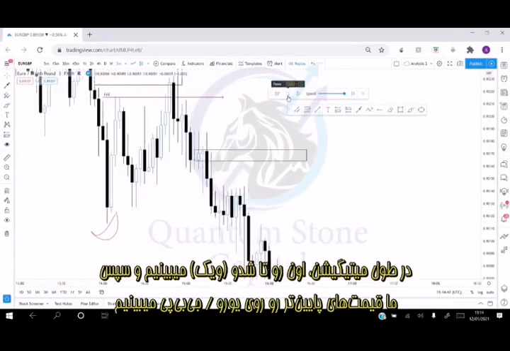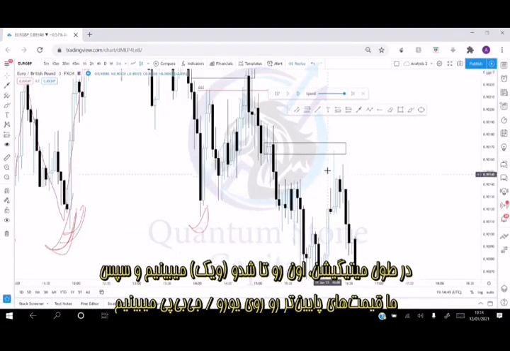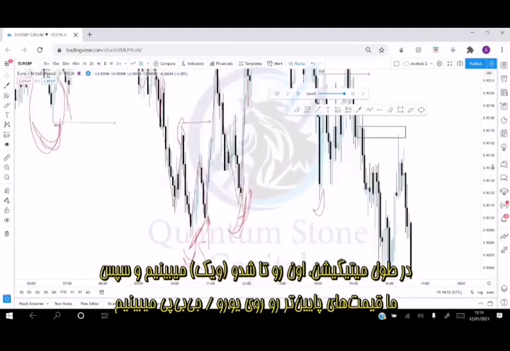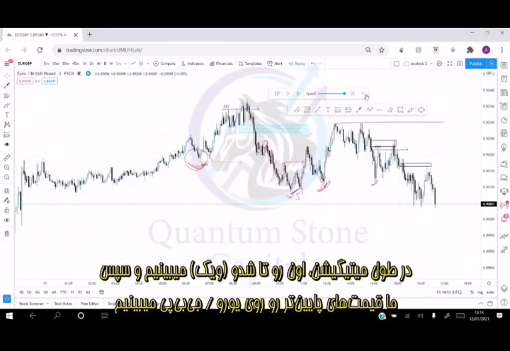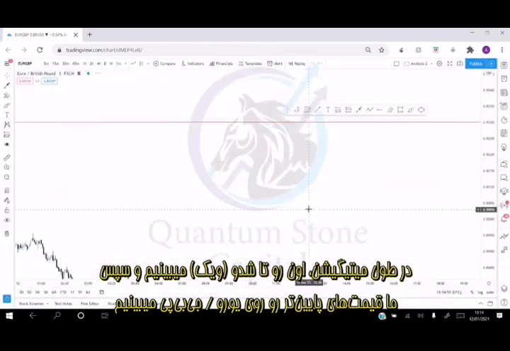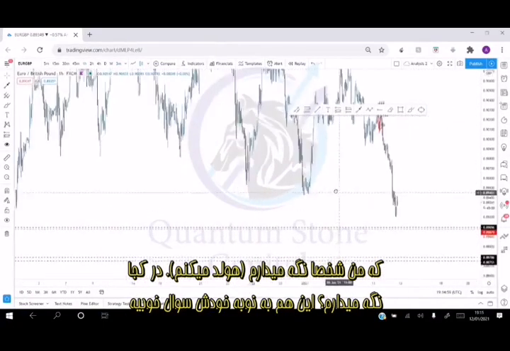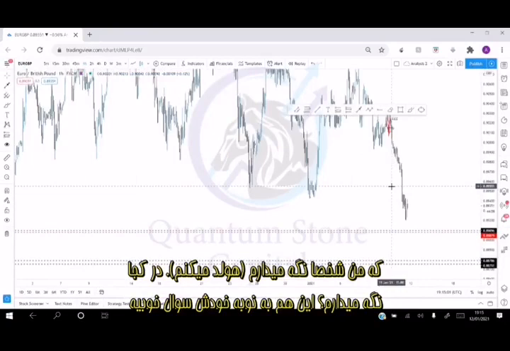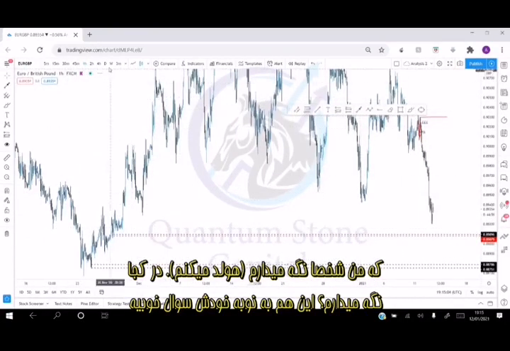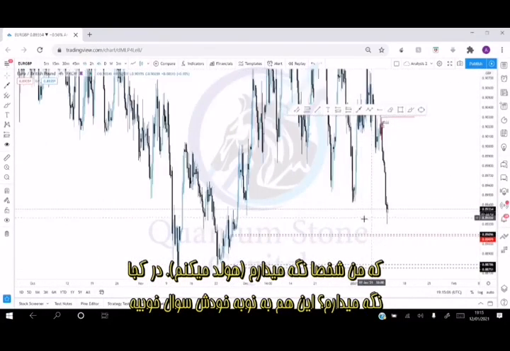Upon a mitigation, we see it to the wick, and ever since then we've seen lower prices on Euro GBP, which I'm personally still holding. Where am I holding to is a good question in itself.